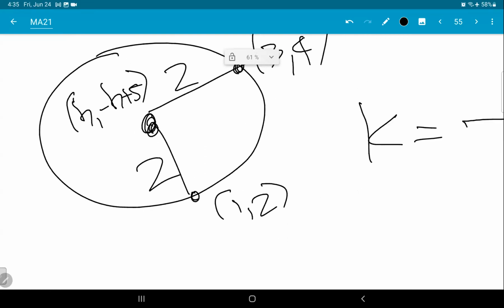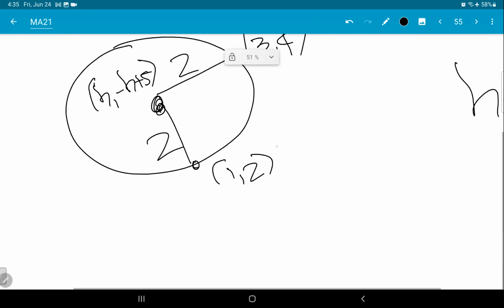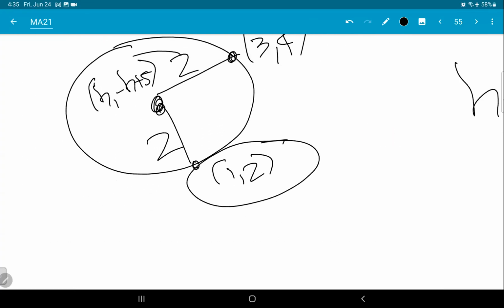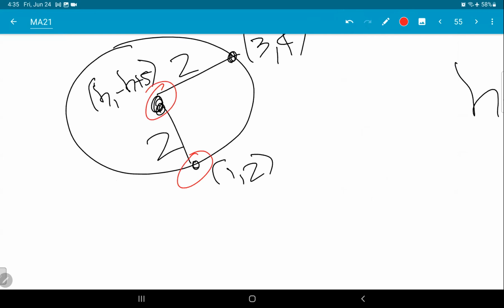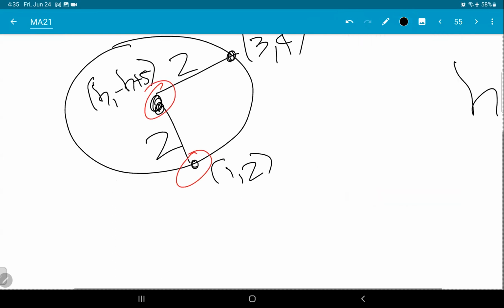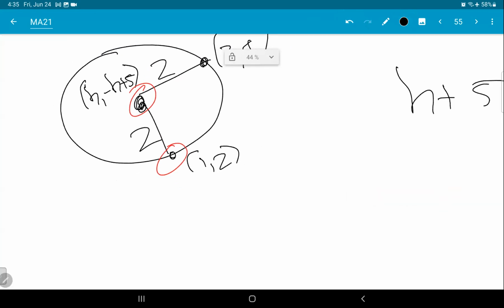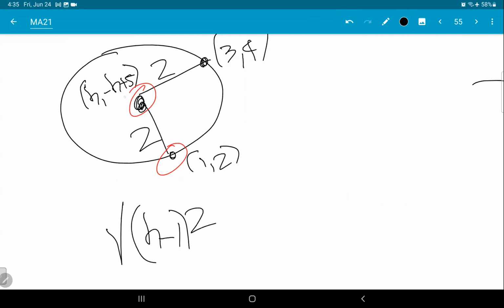Yan. Then since the radius is 2, gamitin natin si (1, 2). Magdi-distance formula tayo. Distance formula. Ito yung mangyayari. Square root of (h minus 1) squared, and then ito, (negative h plus 5 minus 2) squared.